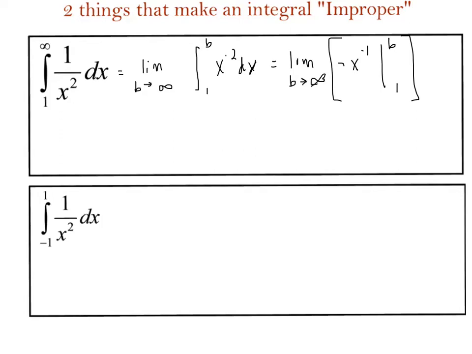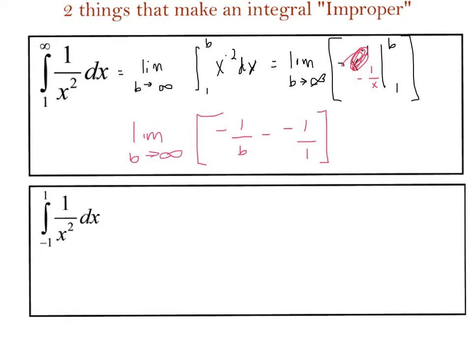Negative x to the negative first is negative 1 over x. So when I plug in b, I get negative 1 over b, minus negative, now I plug in 1, 1 over 1. And I'm still taking the limit as b approaches infinity.